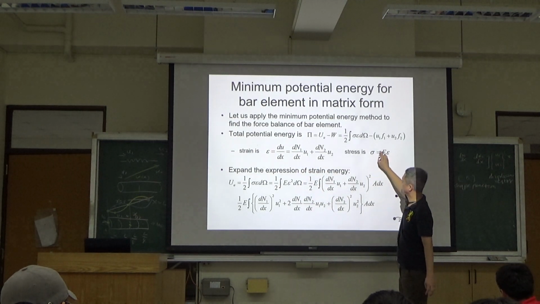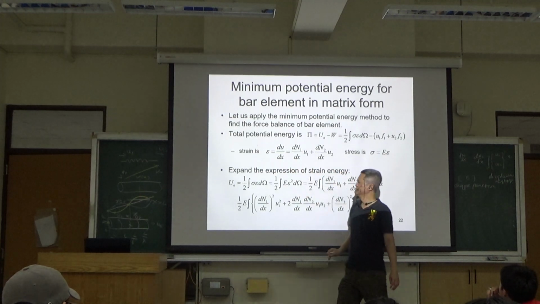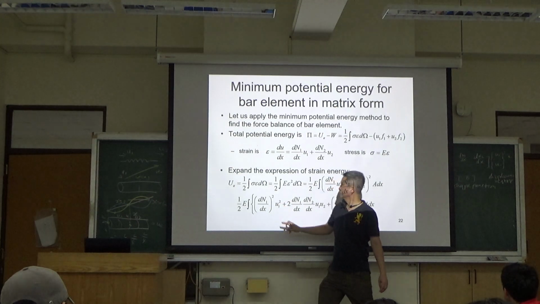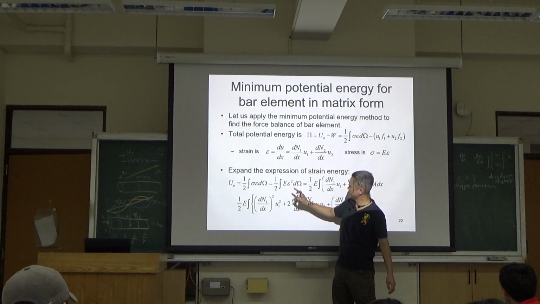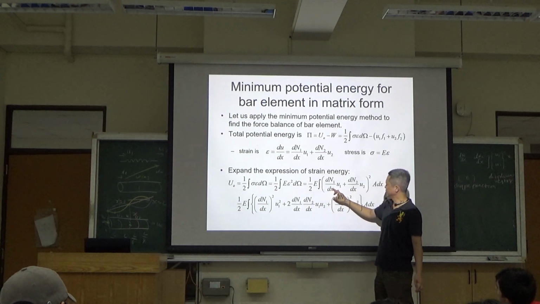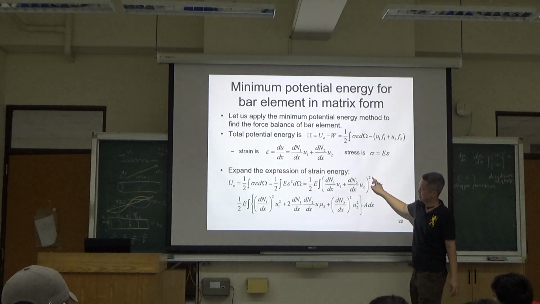Okay, then the stress is just the Young modulus times the strain. So if you go step by step, stress times strain can be expressed as Young modulus times strain squared, and then the strain squared is what? The strain squared is shape function gradient times displacement, sum squared.